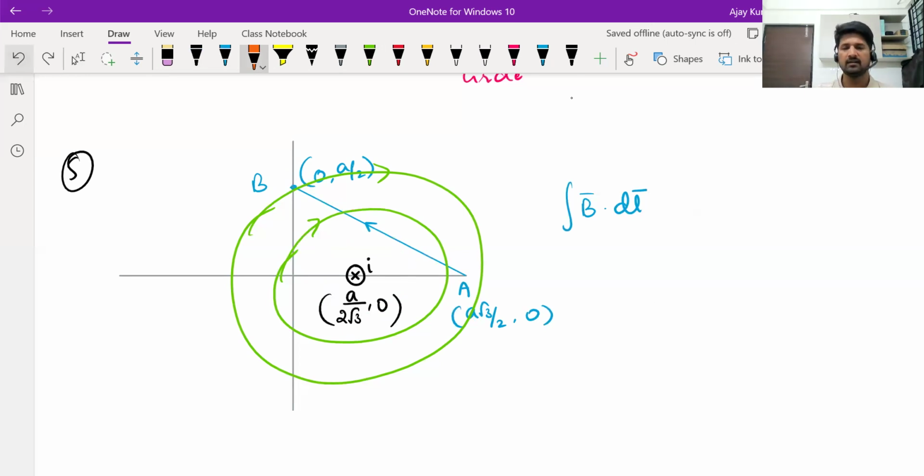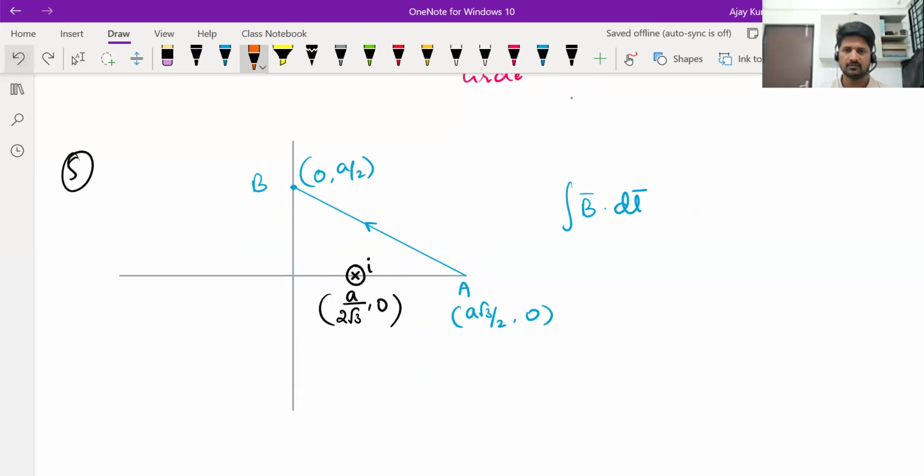We can't literally do integral B dot dl in this case, because the magnetic field will vary from point to point, as different points on this line are at different distances from the current. So writing an expression for the magnetic field itself becomes complicated. Then taking the dot product with dl and integrating on top of it is not possible. So there must be some other way to solve it.